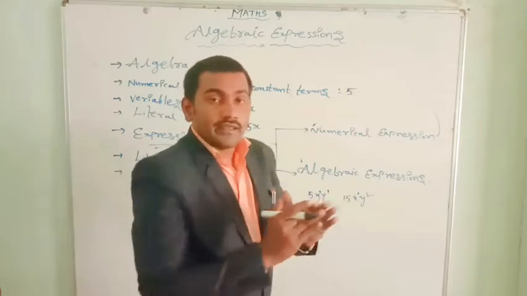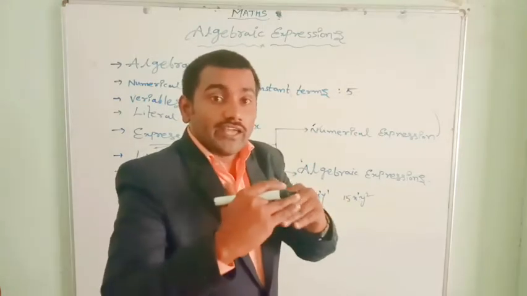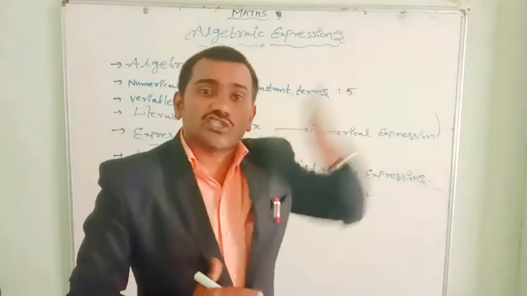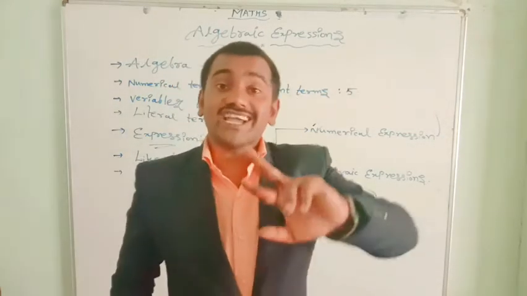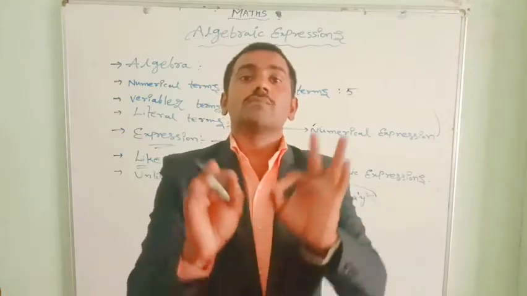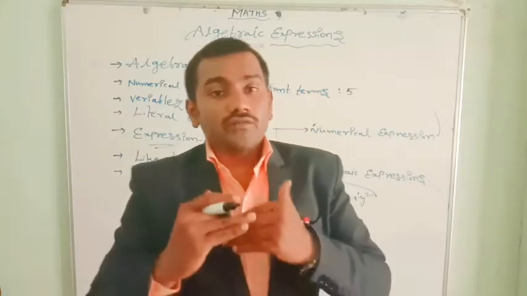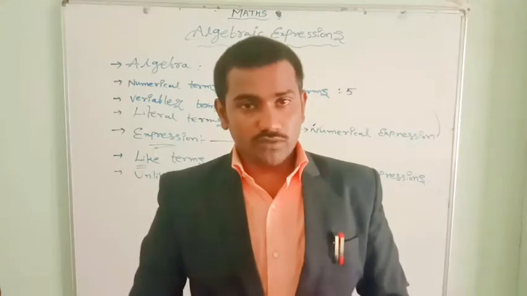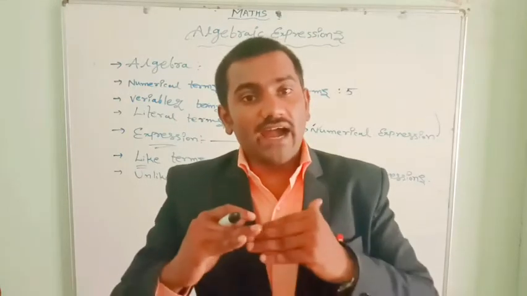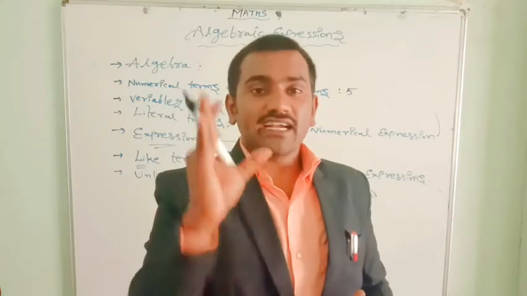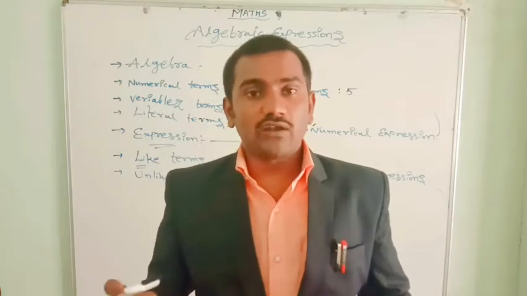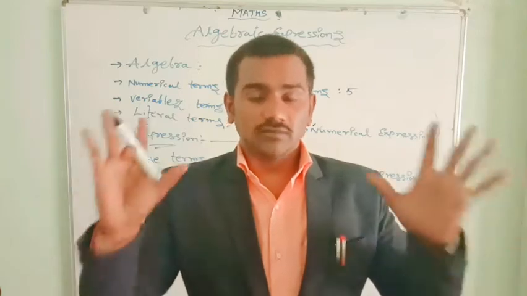So here they have the same variables, but the variables don't have the same exponents. So these two terms are known as unlike terms. So it's simple to remember: if two or more terms have the same variables and the variables have the same exponents, they are known as like terms, or else they are known as unlike terms.